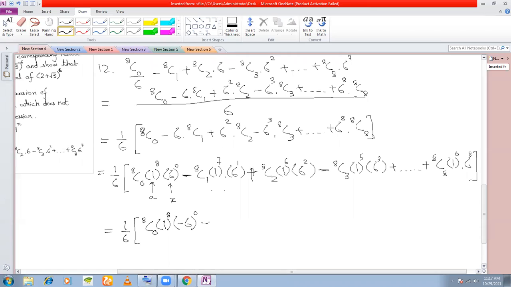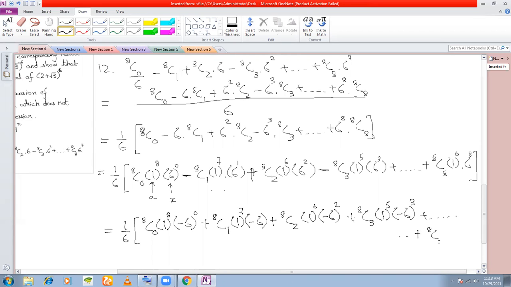So therefore, this next term will be plus 8C1 into 1 to the power of 7 into minus 6. Next term, 8C2, 1 to the power of 6 into minus 6 square, plus 8C3, 1 to the power of 5 into minus 6 cube, plus up till you have 8C8, 1 to the power of 0 into minus 6 to the power of 8.